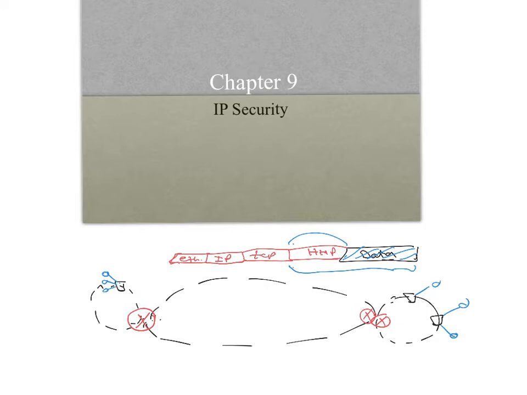So when we talk about application to application security, we talk about this communication from a transport layer perspective, which means that this whole part is secure, but not the TCP header. The TCP header itself is not to be encrypted, because if it's encrypted, the transport layer cannot really process the header. So when you talk about application security, the application data is encrypted, but the header is not encrypted.